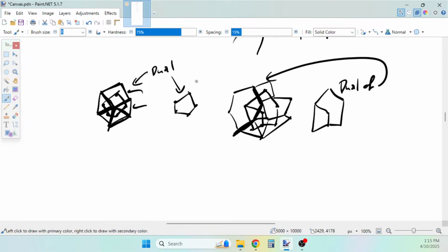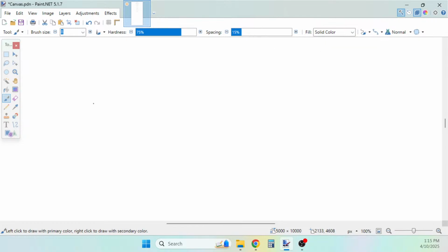Now for polyhedra, it's a little bit harder because we have an extra dimension, but we're going to put a dot in the center of each of the faces. Down here on the bottom, back, there on the side, connect them all. This dot is going to connect to there, there, and those will connect.